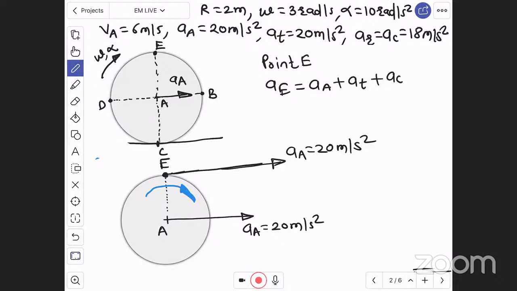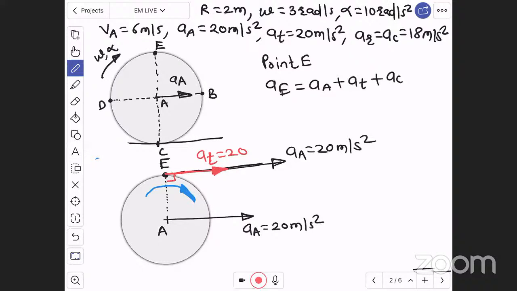With respect to A, can you imagine this point E is moving in right side. Therefore tangential acceleration will be like this. Tangent is perpendicular to radius, having magnitude 20 meter per second square.